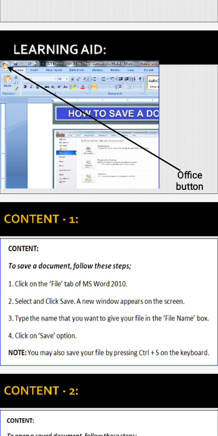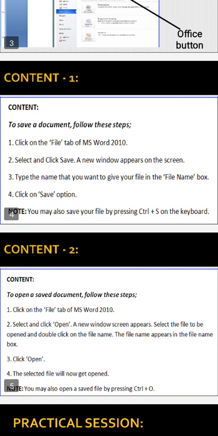The first content is talking about how to save a document. Follow these steps. The first step, click on the File tab of Microsoft Word 2010. Then select and click Save. A new window appears on the screen.